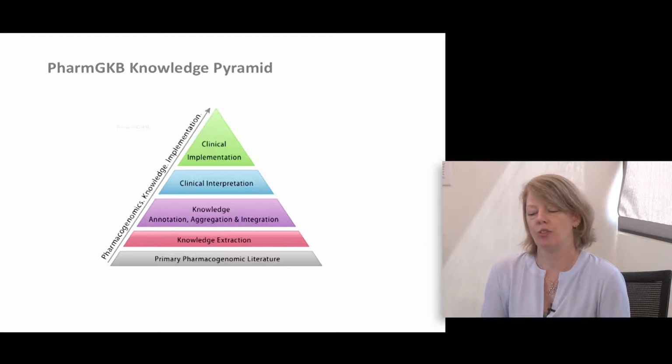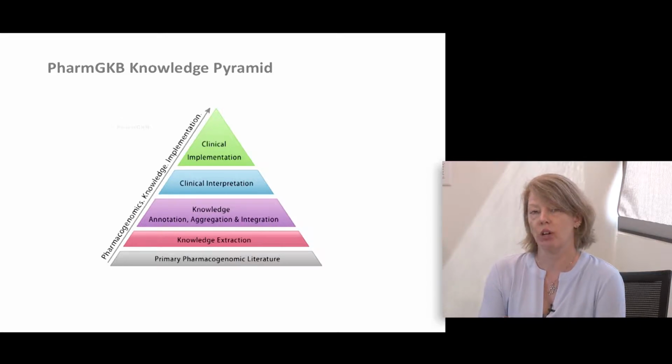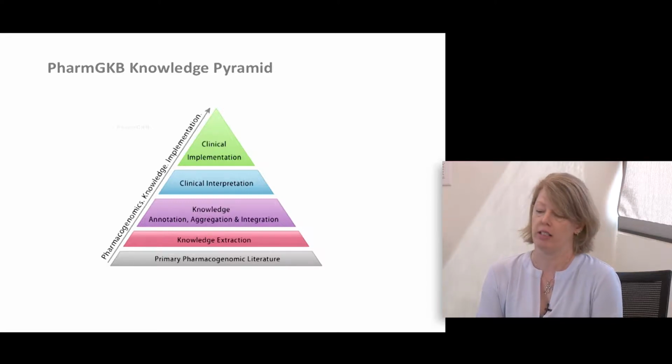They take the knowledge from that literature, they annotate it, aggregate it, integrate it together to create the annotations that you'll find on the website itself. They do clinical interpretations, and then the goal is to approach clinical implementation. PharmGKB itself is not involved in clinical implementation, but it does provide resources for clinical implementation of pharmacogenomics.